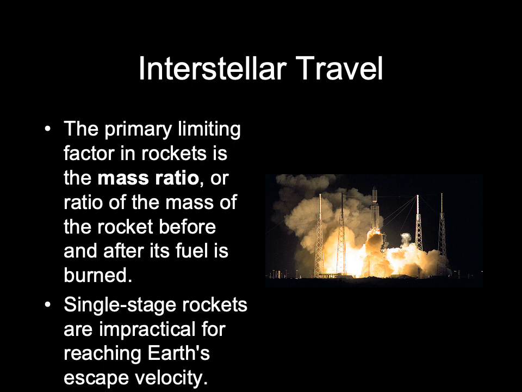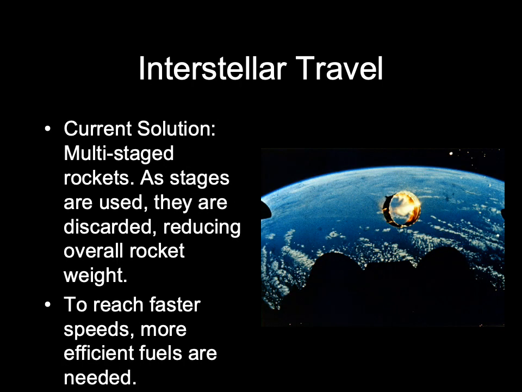We have what we call single stage rockets, where the rocket and the spacecraft are all one object. And that means the weight is all tied together, and that's actually really impractical for reaching Earth's escape velocity. So, what we tend to have when we launch a spacecraft are multi stage rockets.